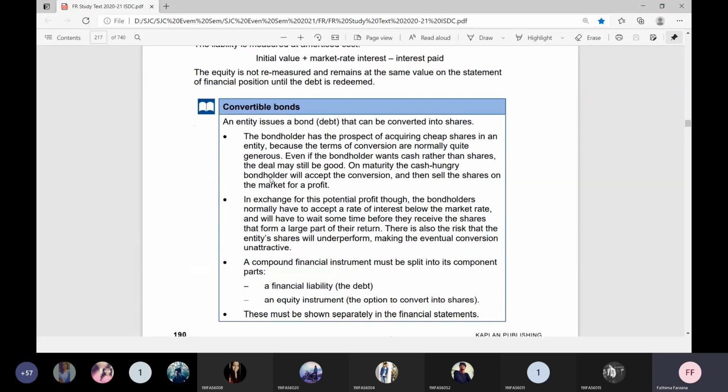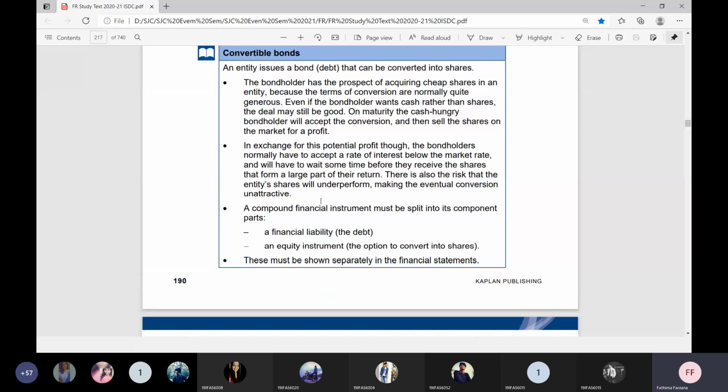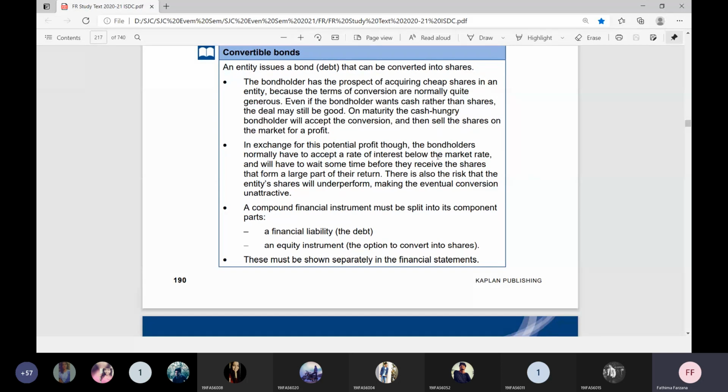So here only we have to see convertible bonds. The entity issues a bond that can be converted into shares. So in exchange for this potential profit, the bondholders normally have to accept a rate of interest below market rate.